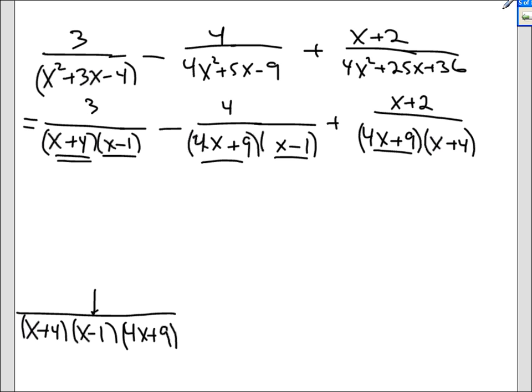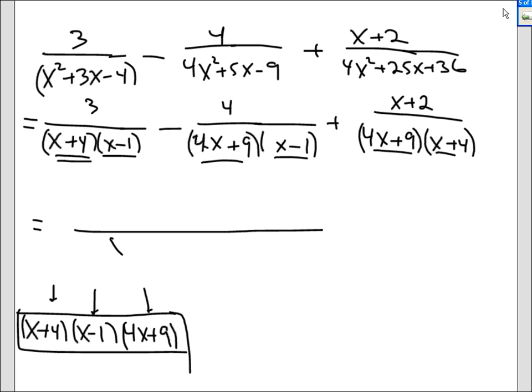I need 4x plus 9. There it is. I don't put it down. I need x plus 4. I already have it. There is my LCM, or my LCD. That's the denominator I'm going to use: x plus 4, x minus 1, 4x plus 9.